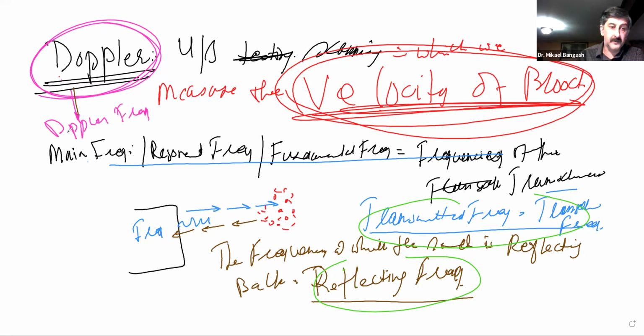Now, this Doppler frequency may also be called the Doppler shift. Did you guys get that? Okay.